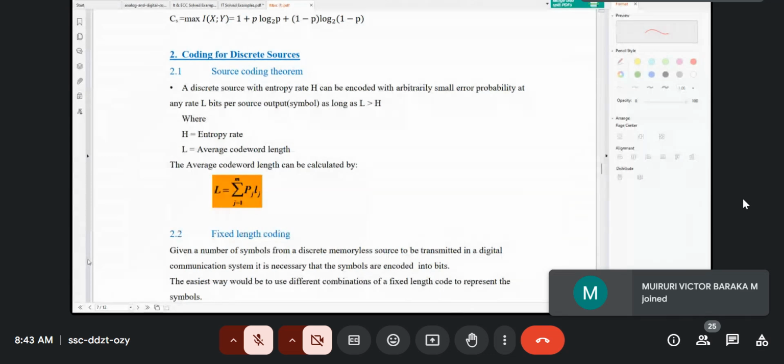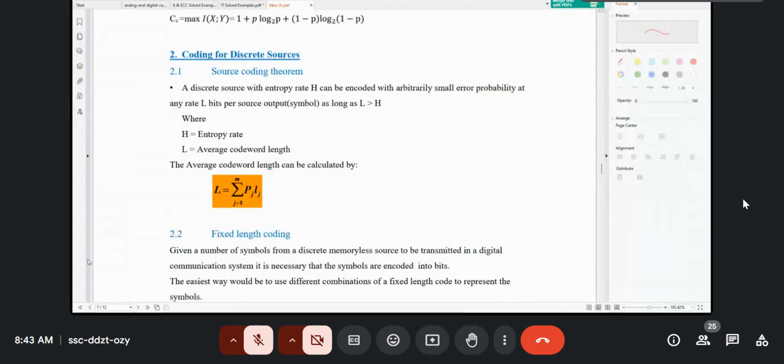What we mean here is, you told me, and I think I saw in your syllabus, that you did coding for analog sources.